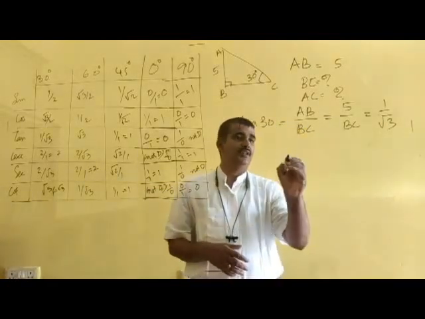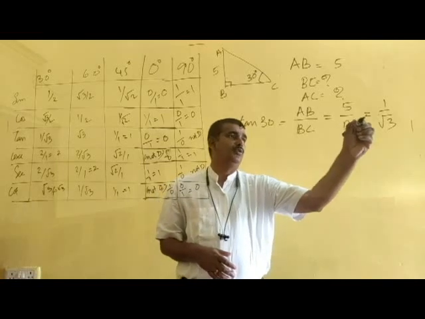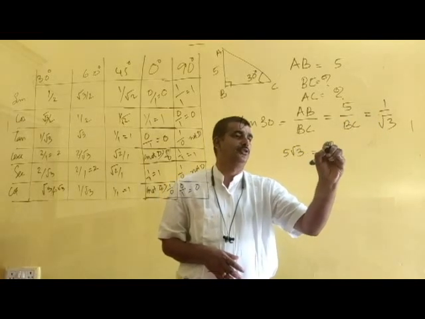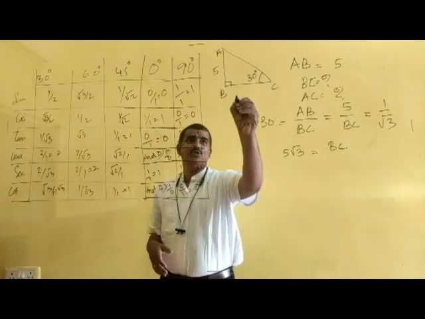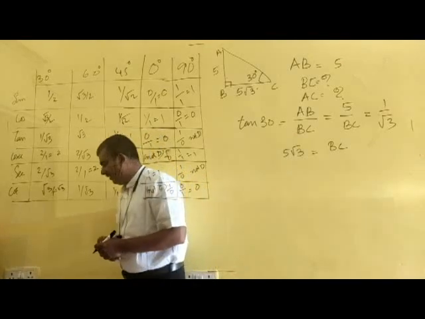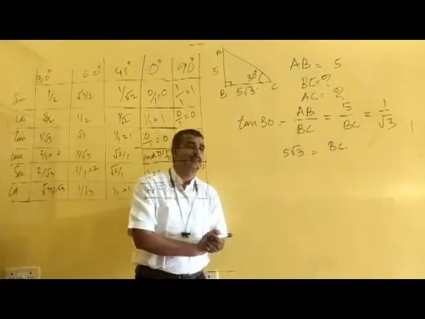Now you got an equation. By cross multiplication, 5 root 3 is equal to BC. So you got the value of BC, that is 5 root 3.